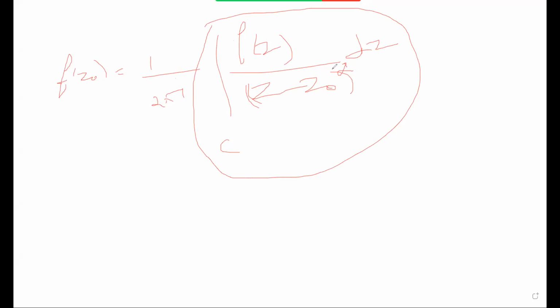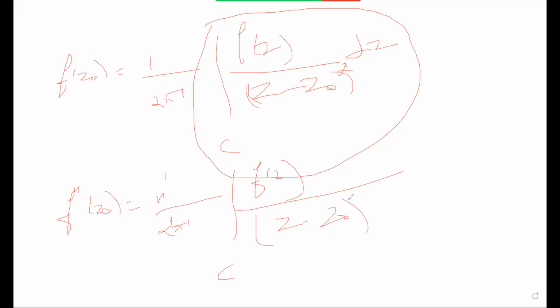If it has order greater than 1, we have the formula: f power n of z naught is equal to n factorial divided by 2 pi i into the integral over c of f of z divided by z minus z naught the whole power n plus 1 into dz.